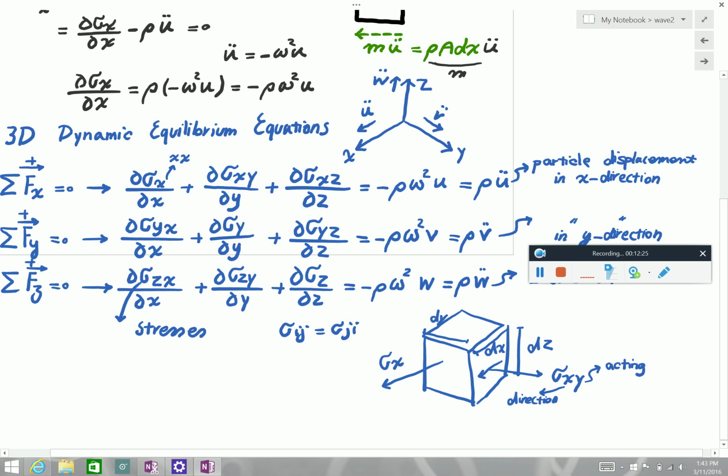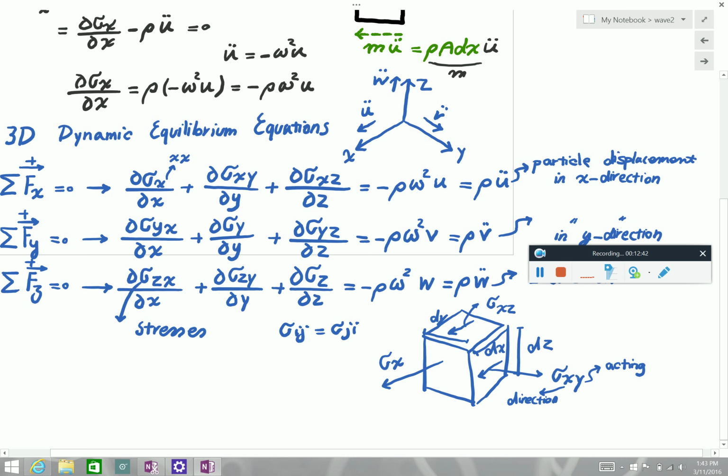The same way here, if we have a component which is acting on the face which is perpendicular to z, but it is in the x direction.